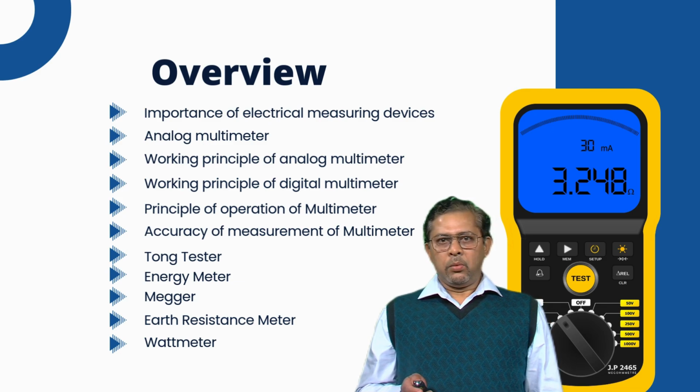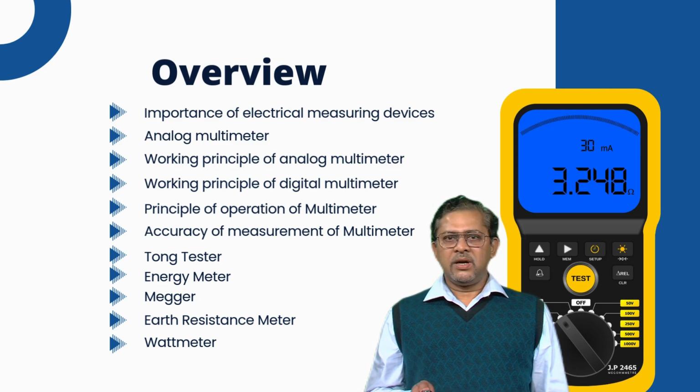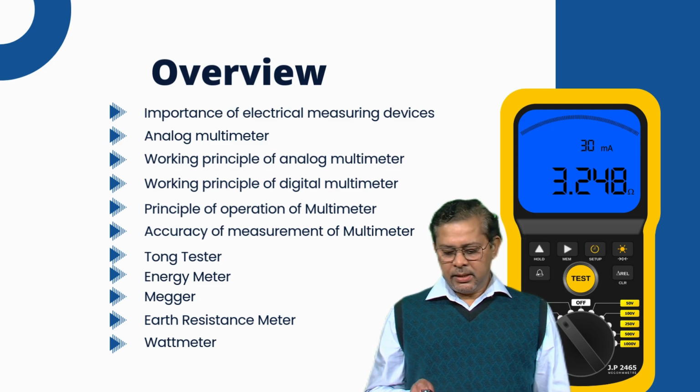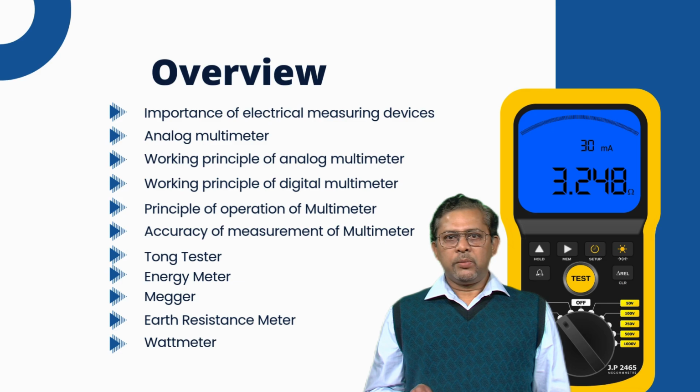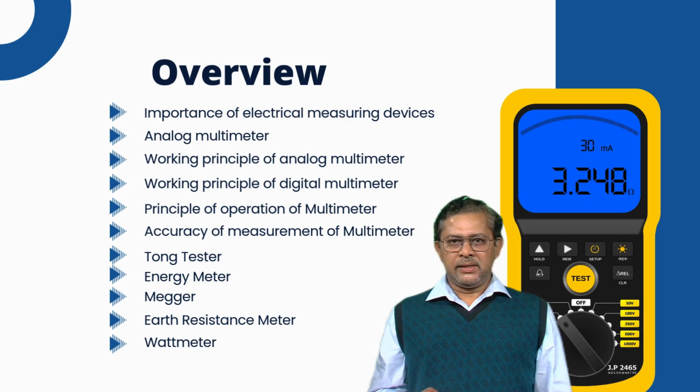Then we will talk about the accuracy of measurement of the multimeter. Then the next topic will be the tong tester, which will be followed by the energy meter, the Megger, the earth resistance meter, and finally the watt meter.